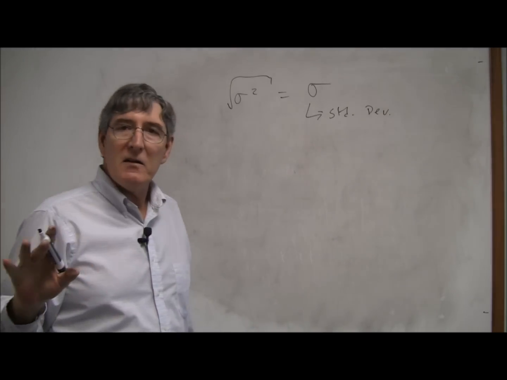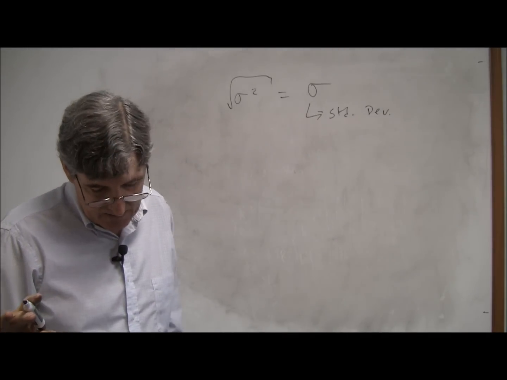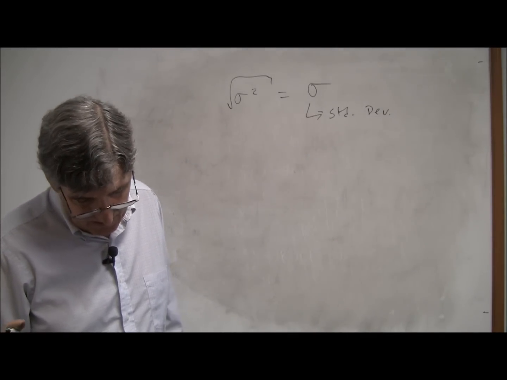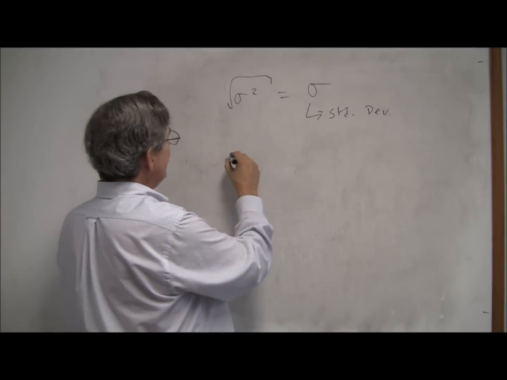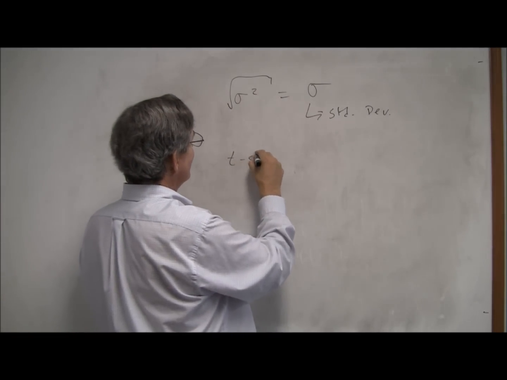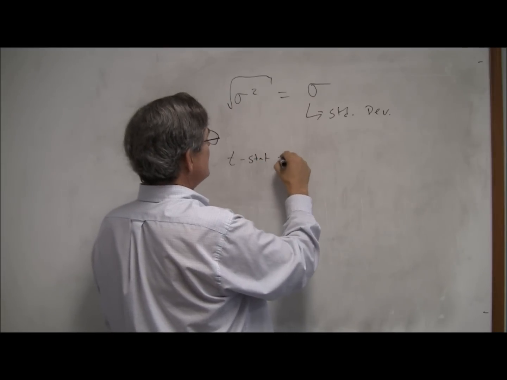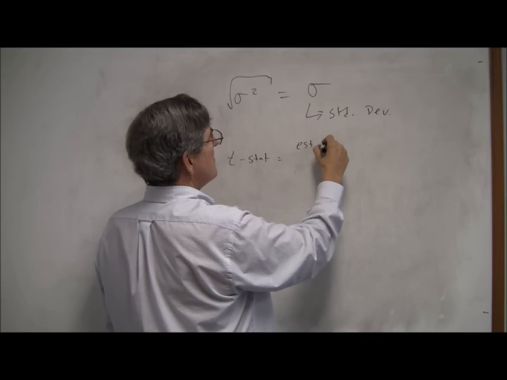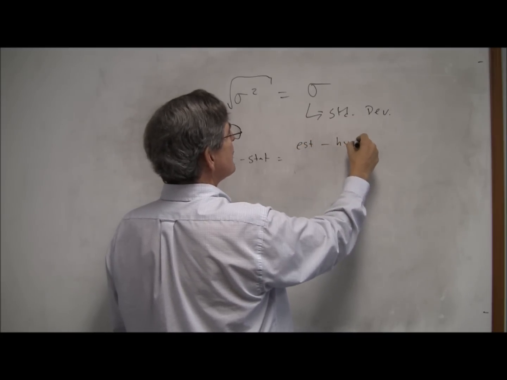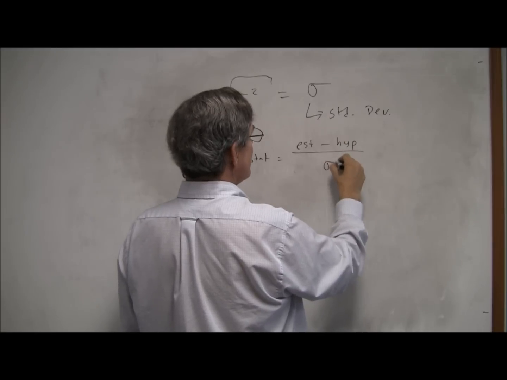Let me just jump ahead a little bit and tell you where we're headed with some of this stuff, so we know what we're going to do. Remember how you did a t-statistic, which was equal to the estimated value minus the hypothesized over sigma.